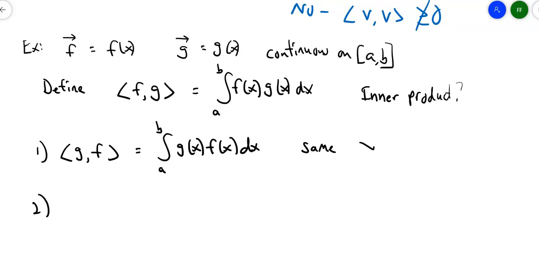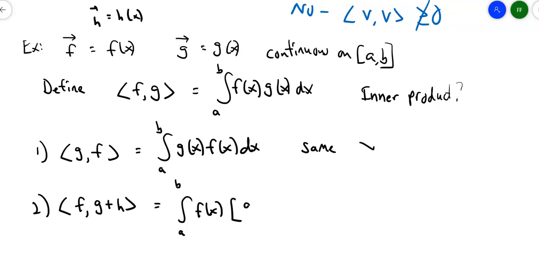The second thing is, let's try taking the inner product of f and g plus some other function. I'll call it h. All right, so I'll also introduce my h vector as h of x. Well, what does this give me? This gives me the integral from a to b of f of x times g of x plus h of x. Well, what is that?